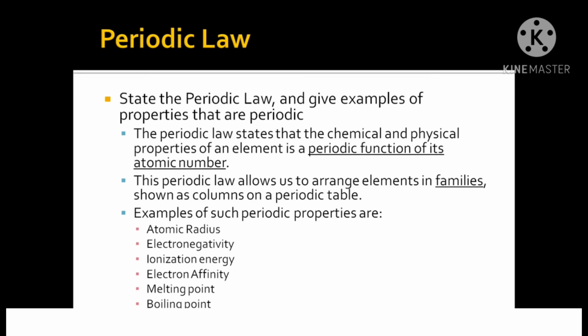So basically, that's why we call it a periodic function, because it repeats in cycles, in a more or less regular pattern. This periodic law allows us to arrange the elements in families, as shown as columns on a periodic table. Examples of such periodic properties, we've already seen the first four: atomic radius, electronegativity, ionization energy, and electron affinity.